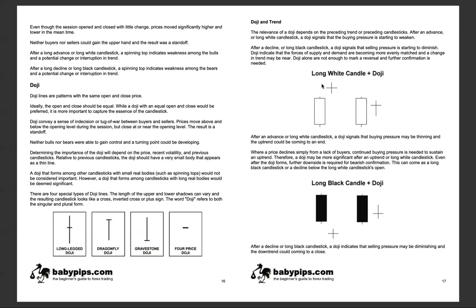Okay, and then it says after a decline or a long black candle, a doji signals that selling pressure is starting to diminish. All right, so what does this actually mean to you as a trader?